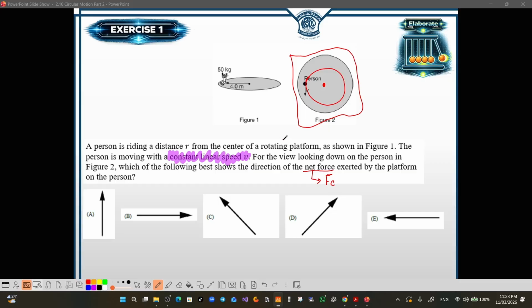We know that the centripetal acceleration and the centripetal force will always be pointing toward the center at constant speed. So this is the direction of the centripetal force and the centripetal acceleration. Now the direction of the centripetal force represents the net force, and it's pointing to the right, which means B is the correct answer.